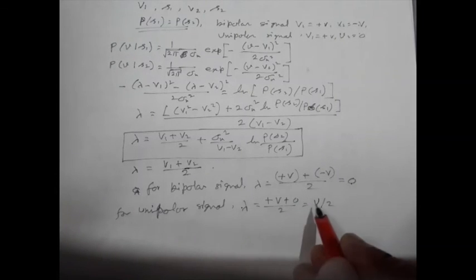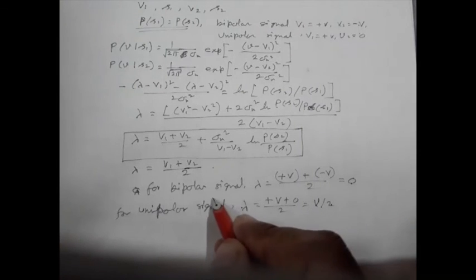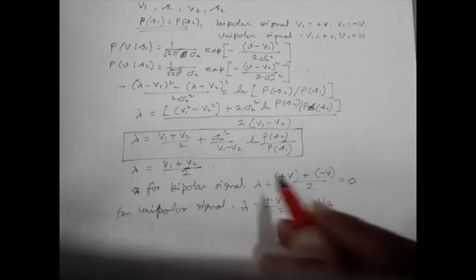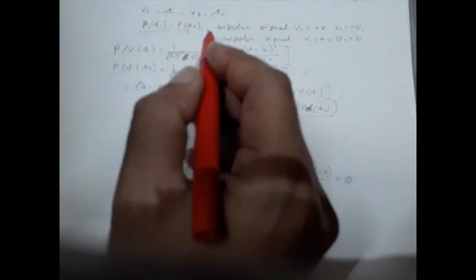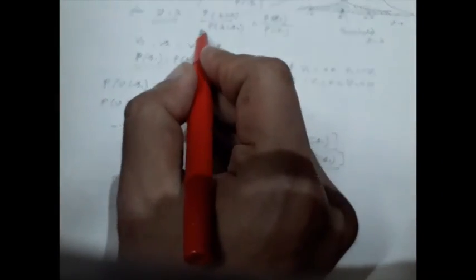For a unipolar signal, the threshold will be V by 2. So they are different. It depends on the nature of the signaling or the data format used. So this is an example or illustration of how we can use this decision threshold rule in practice.